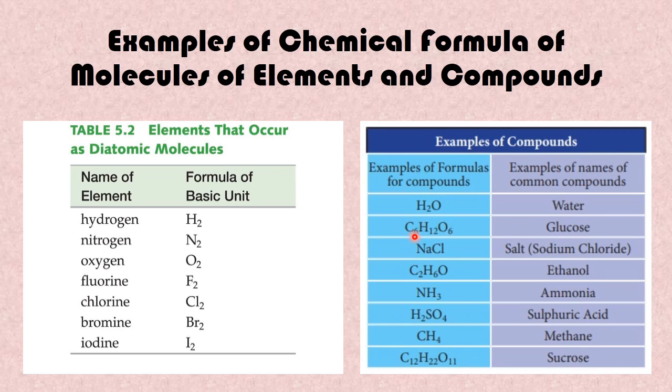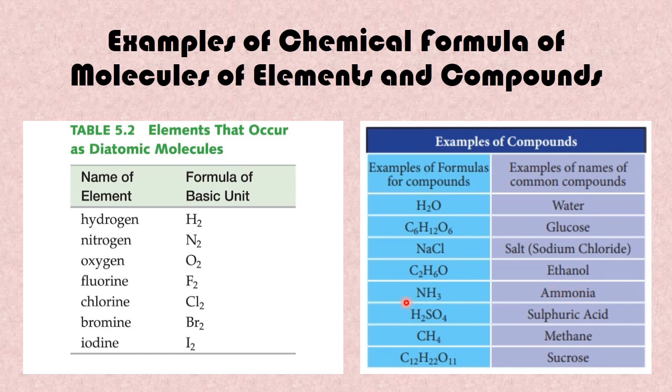This subscript shows that in one molecule of glucose you have 6 carbon atoms, 12 hydrogen atoms, and 6 oxygen atoms. Now, what we have here is salt, sodium chloride. We have 1 atom of sodium and 1 atom of chlorine. In ethanol, which is also made up of carbon, hydrogen, and oxygen, you have 2 carbon atoms, 6 hydrogen atoms, and 1 oxygen atom in one molecule of ethanol.